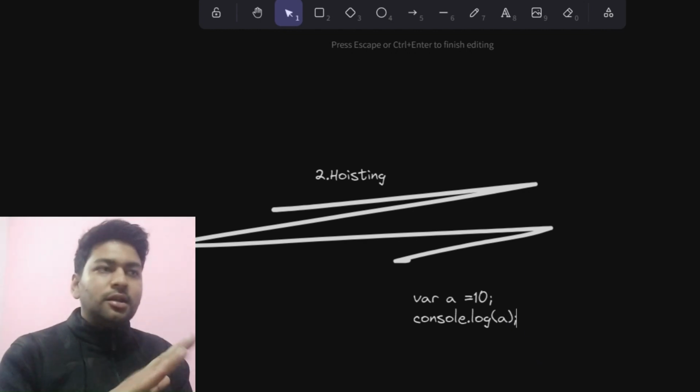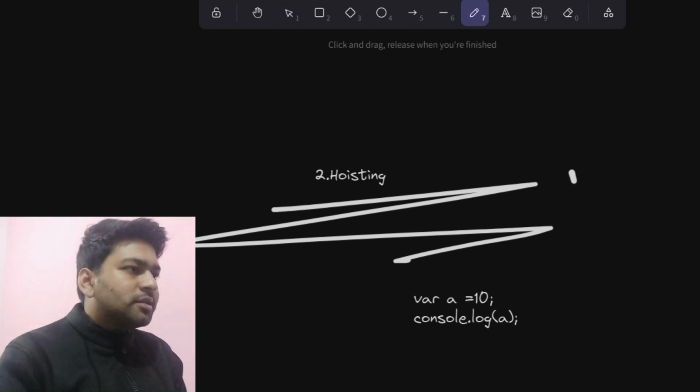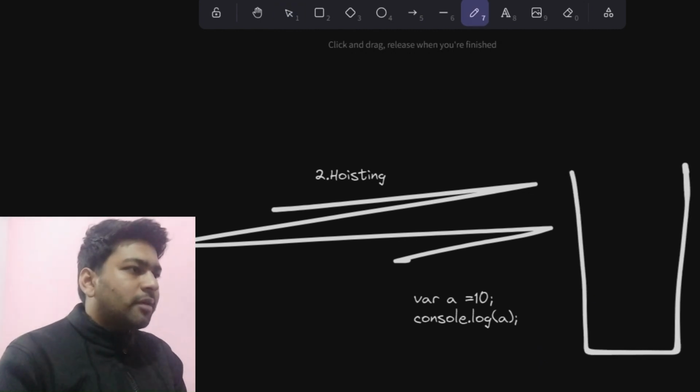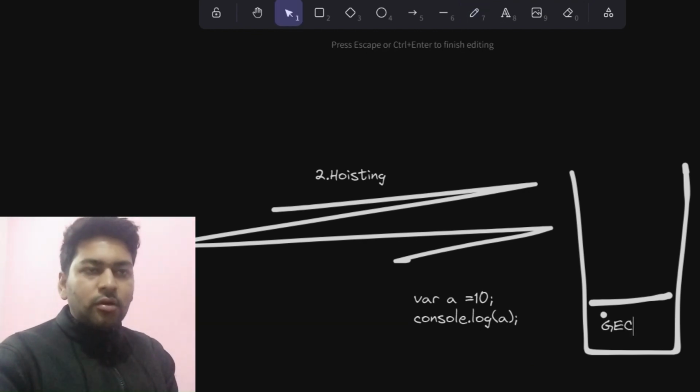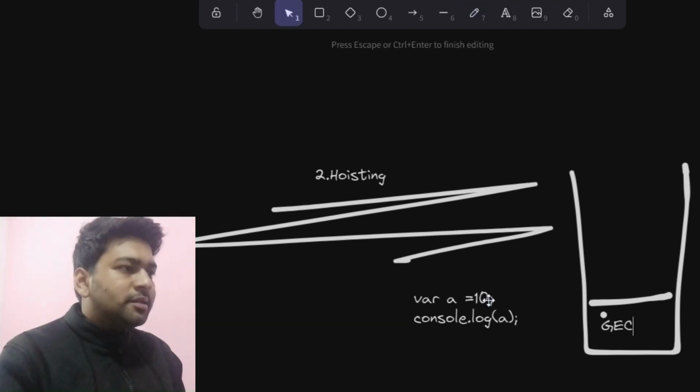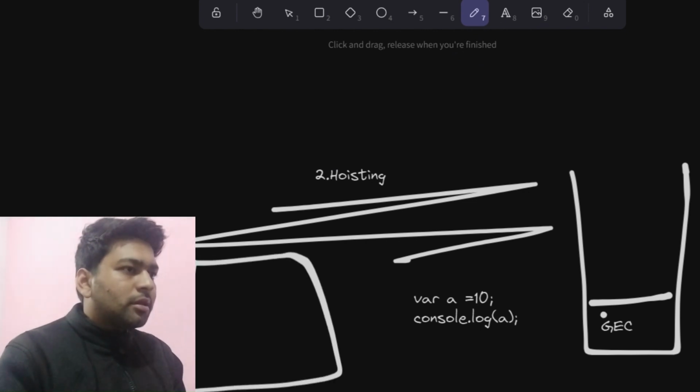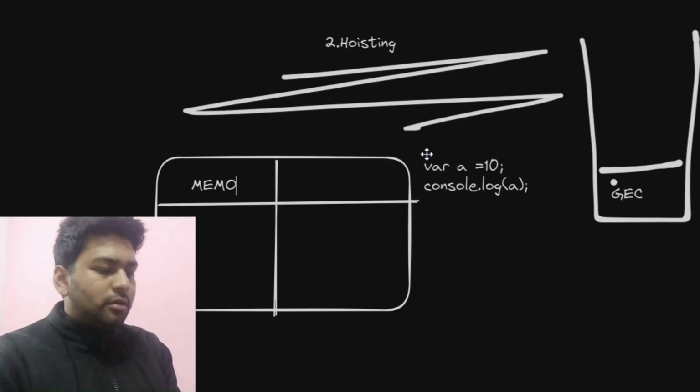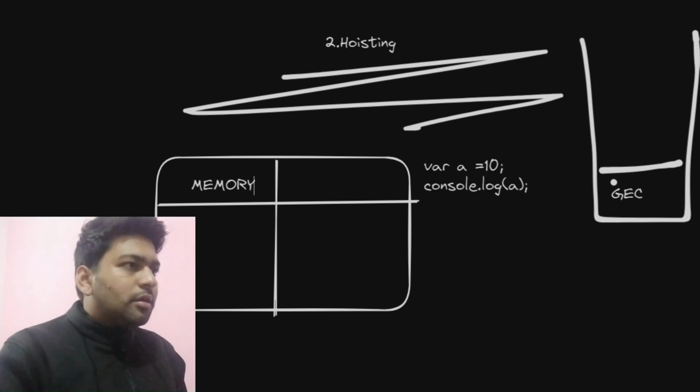It is created in the form of a stack. This is called the global execution context, where a equals 10. I will be creating a table over here of memory and code.